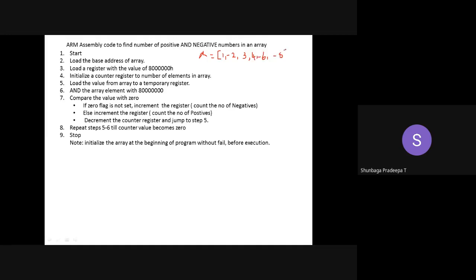What data should you have when finding the positive and negative numbers? You should have your array elements. You should know how many elements are there in the array. How will you find whether the given number is a positive number or a negative number? Which bit specifies the sign of the number?